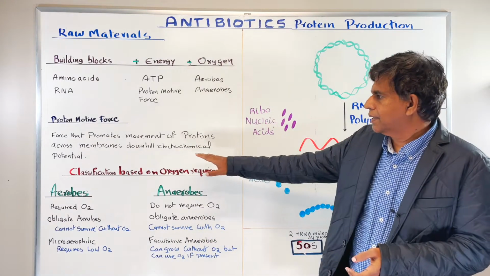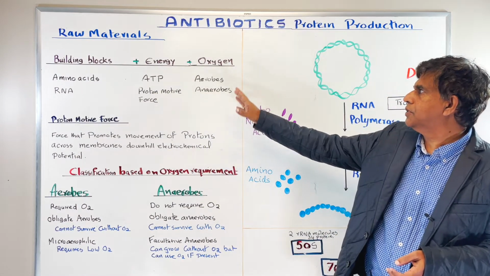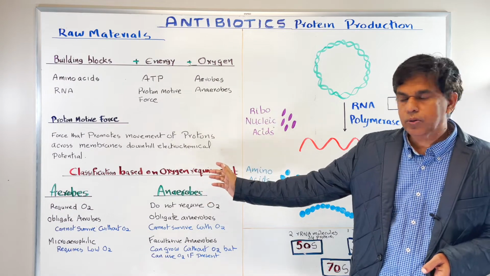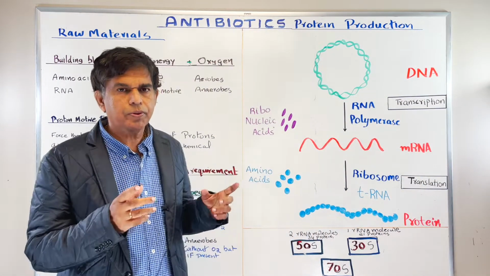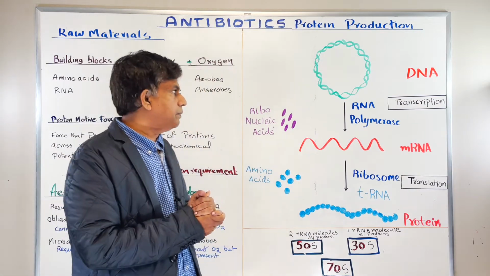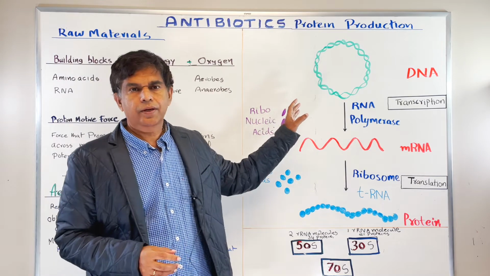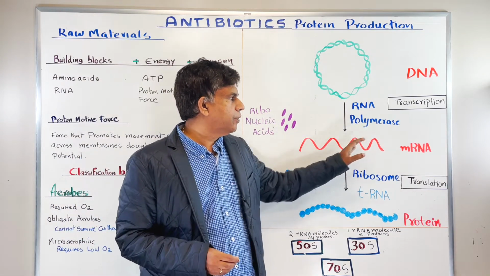So everybody got that, the classification? We talked about the building blocks, the energy, the oxygen, and the difference between aerobes and anaerobes. Now let's look at how we produce the protein. It's very important. The DNA of the bacteria is converted into mRNA.